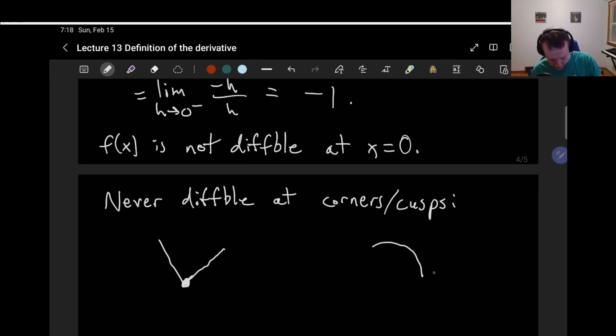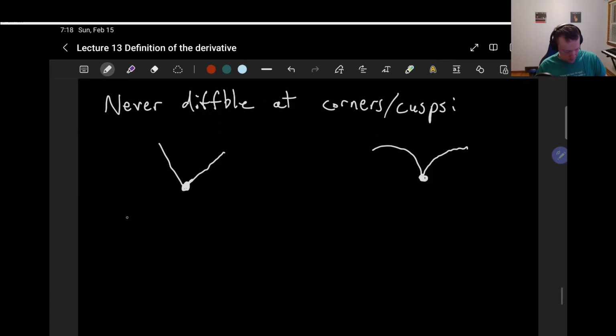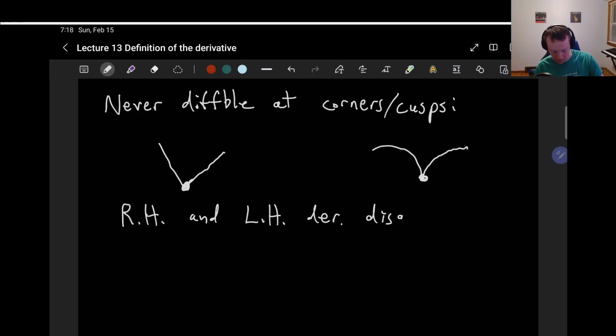It's just more like a curve. But similar thing, you're having a very sudden change in your slope at that point. So the derivative does not exist at that point. Again, this is because right hand and left hand derivatives disagree. So there is no full derivative at those points.